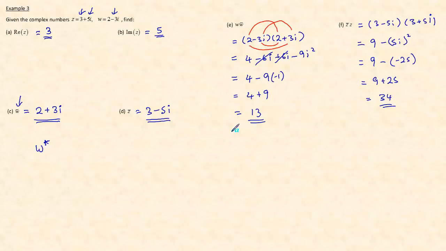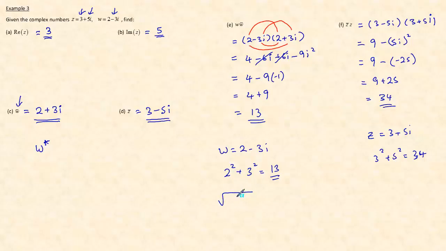Now note that w was 2 minus 3i, and if you do 2 squared plus 3 squared, you get 13. And over here, z is 3 plus 5i, and if you do 3 squared plus 5 squared, you get 34. Now, what is 2 squared plus 3 squared?